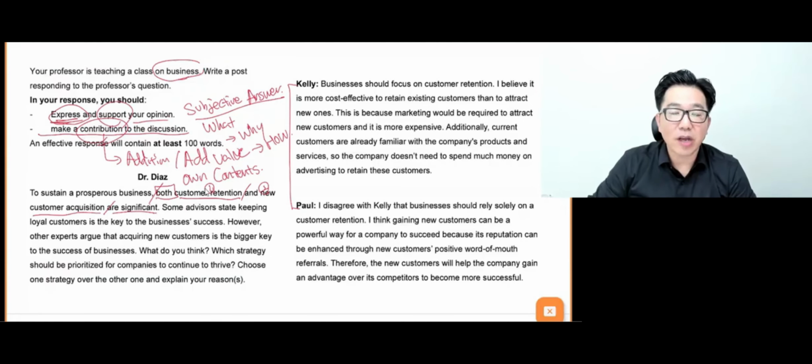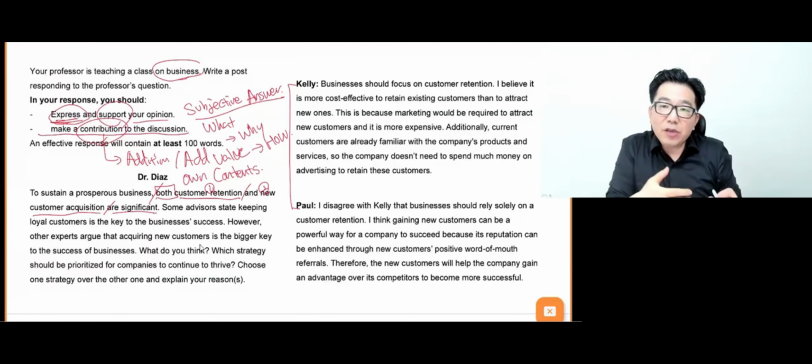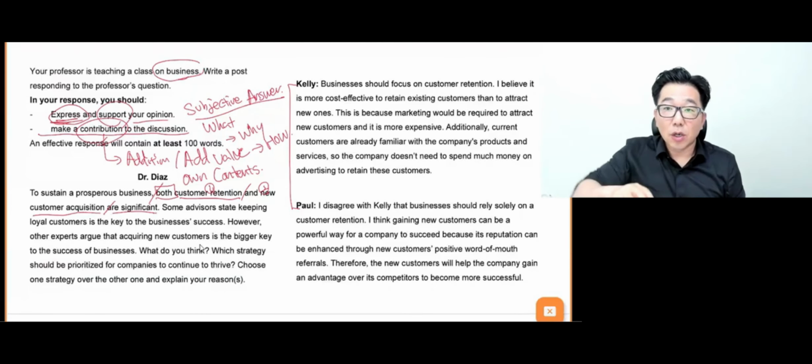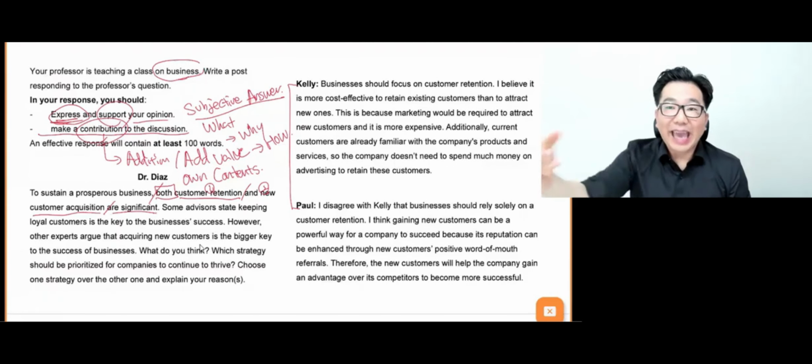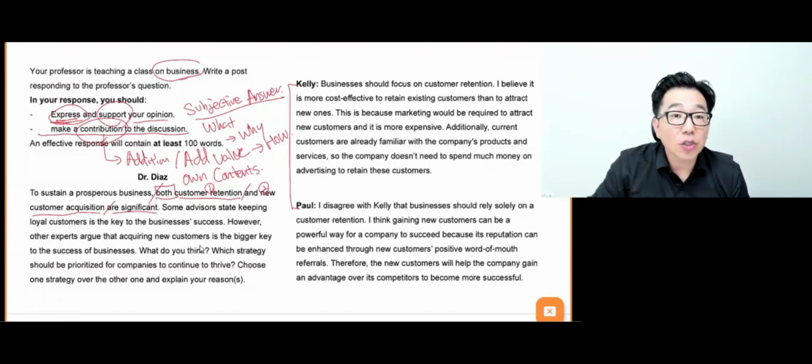So number one strategy is the key. However, others argue that acquiring new customers, rather than just keeping your existing customers, going out to the market and attracting, gaining new customers is more important, is the bigger key to success.